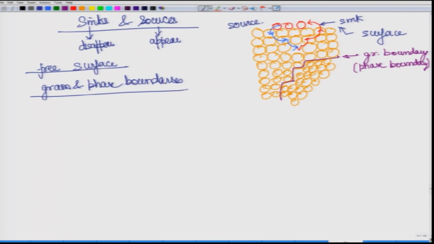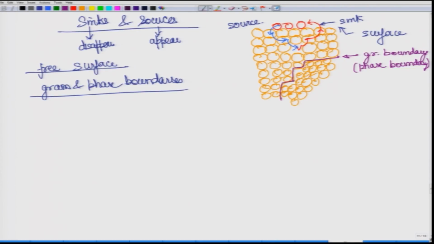So, a grain boundary is also called a homophase boundary, meaning both the phases on both sides are the same, and a phase boundary is called a heterophase boundary, because on the two sides of the interphase boundary they are different phases.